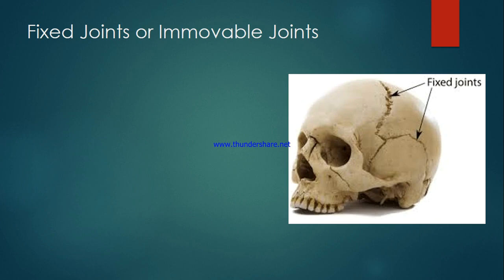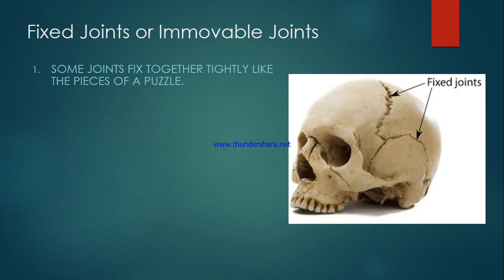The third type is fixed joints or immovable joints. You have easily observed the fixed joint in the diagram. Some joints fix together tightly like the pieces of a puzzle. They don't allow the joining bones to move.